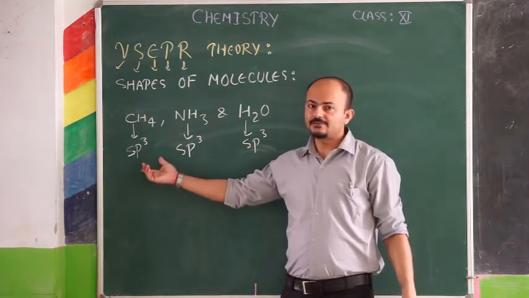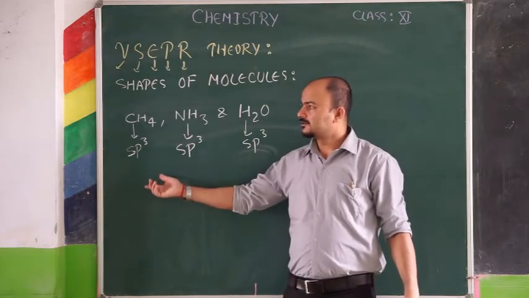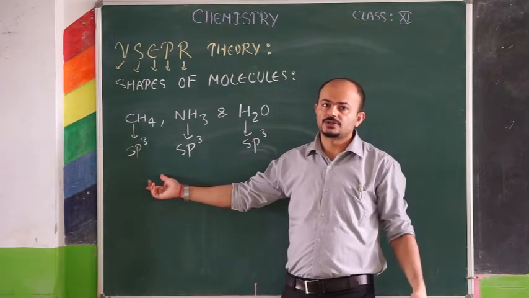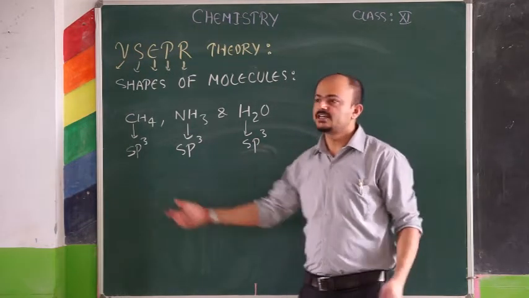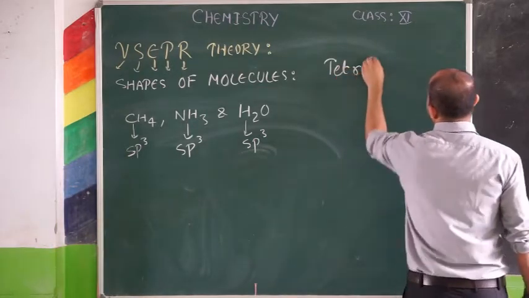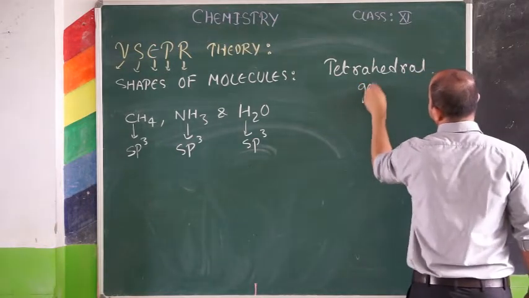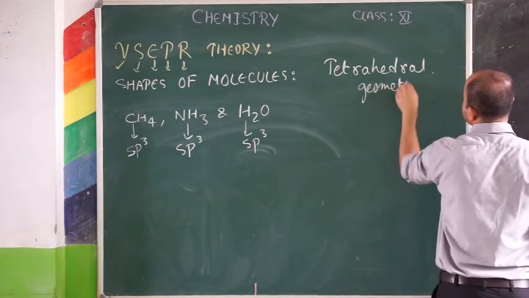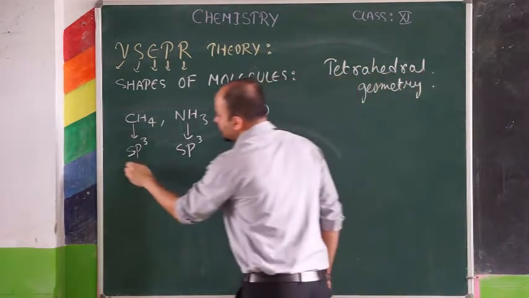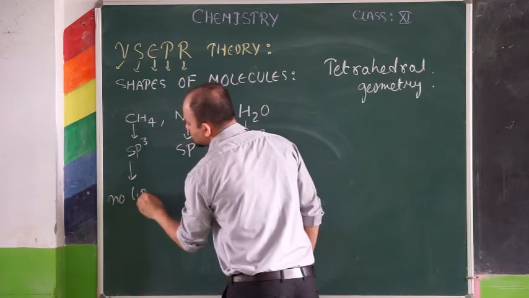Now, according to hybridization, as you saw from the table, refer to your book. If it is sp3 hybridized, it is supposed to have which geometry? It is supposed to have tetrahedral geometry. In methane, there is no lone pair present.